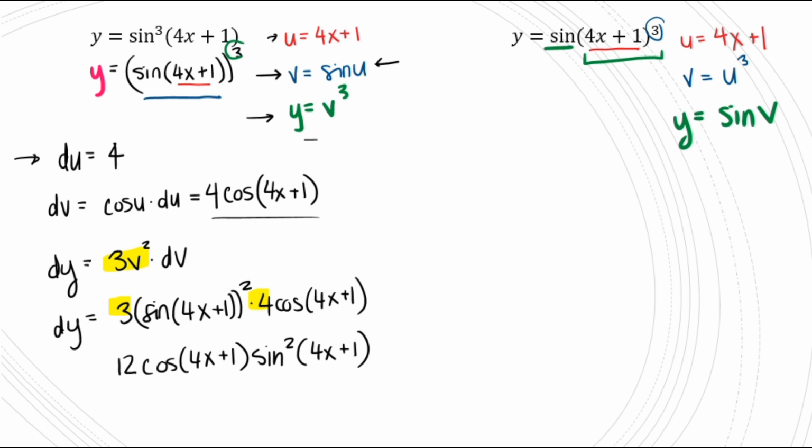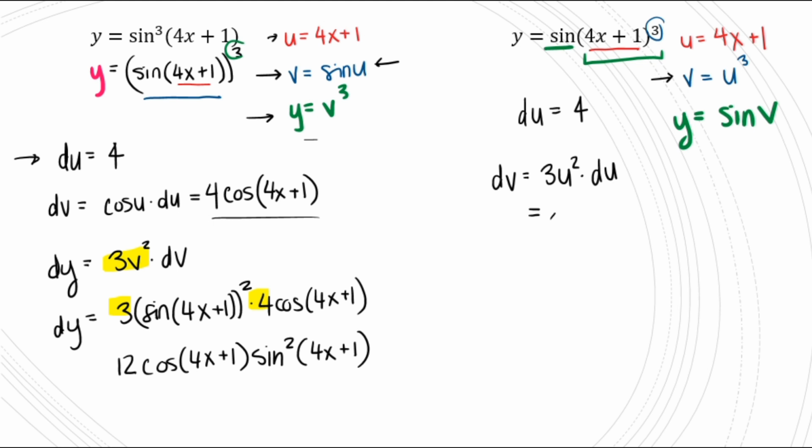Same thing. Start by finding the derivative of your innermost function. du is still 4. Now, go to your next layer. What is the derivative of v? dv, it's a power, is going to be 3u squared, power with a chain rule, du, which I'm going to take numbers and put them back in right now.